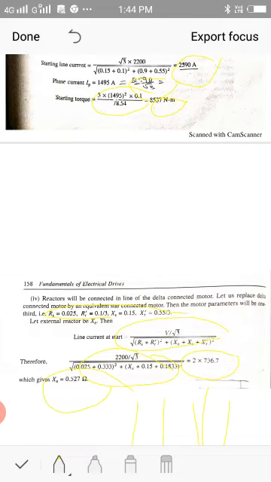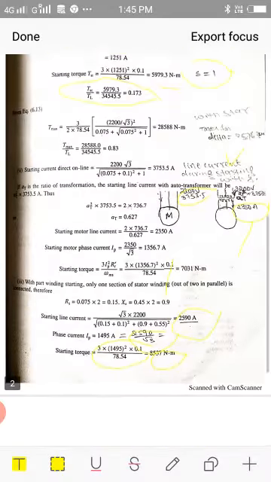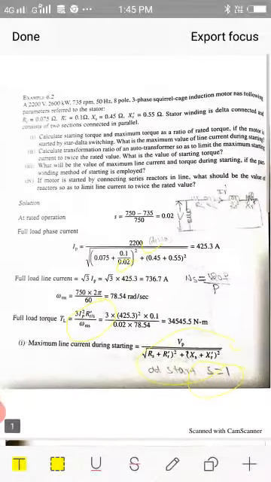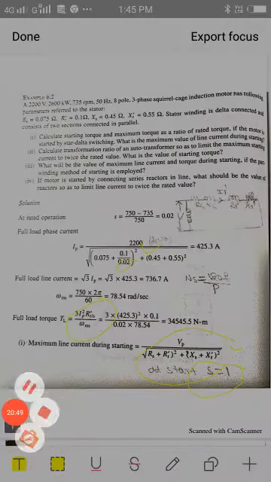If you tabulate and compare everything, you will understand the advantages of star delta over the auto transformer method. You can compare each method with each performance parameter, like starting torque, starting current. So I think it is understood. You can go through this problem again. It is important for exams. Thank you.